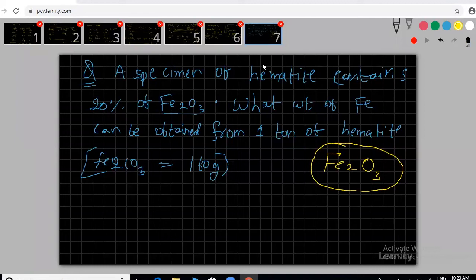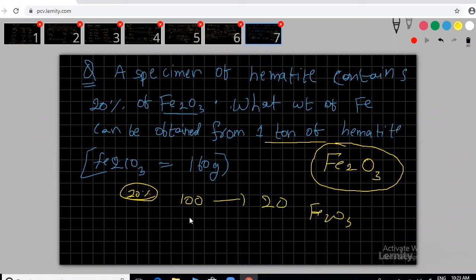And here they mentioned 20% of iron ore. Understood? So only 20% Fe2O3 is present in this case. If you are taking 1 ton, 20%. If you are taking 100 it means 20, 1 means 0.2. What is the meaning of 20%, sir? If I am taking 100 ton, I will get only 20 of Fe2O3.